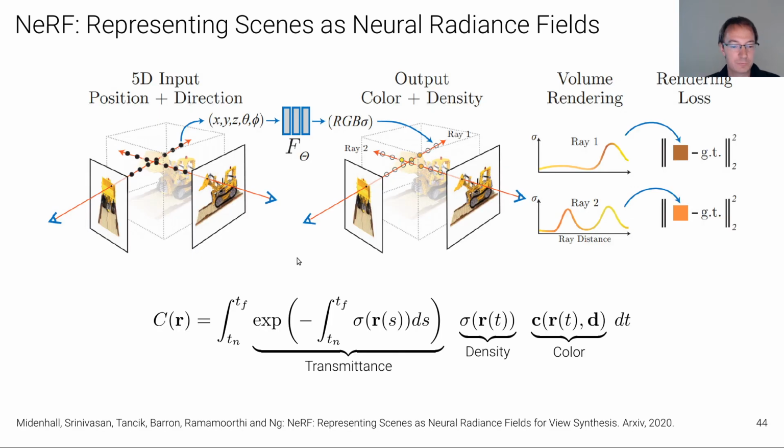And this is very recent work called NeRF, representing scenes as neural radiance fields. They also use an implicit representation, but not an occupancy network or a signed distance field, but instead a volume, a representation that can be rendered using volume rendering. So they basically represent the color and the volume density at every 3D point in space using a neural network that's dependent on the 3D location of the point and the viewing direction.